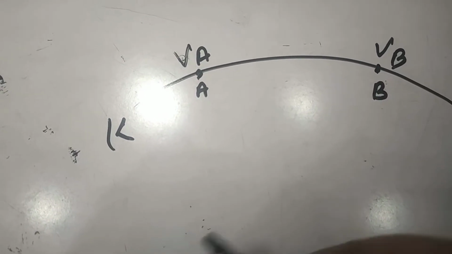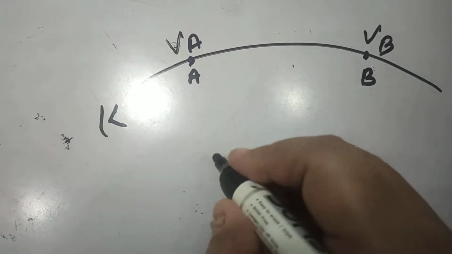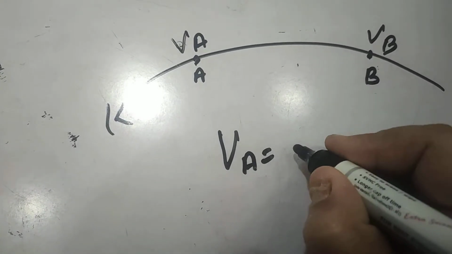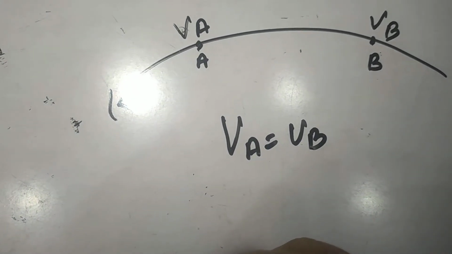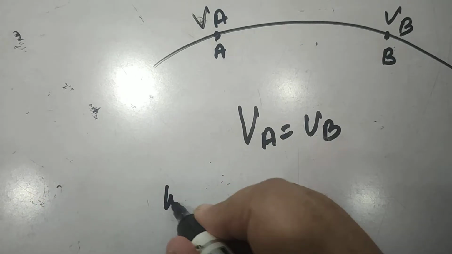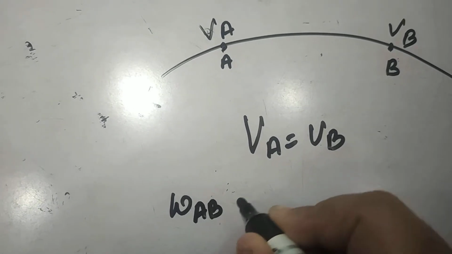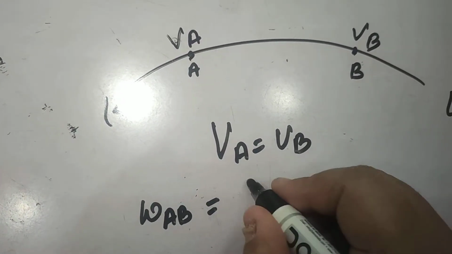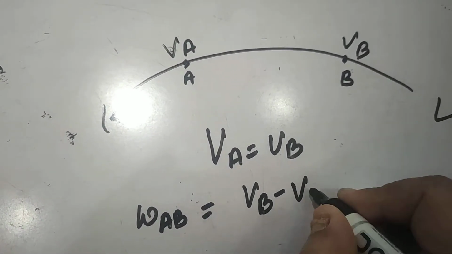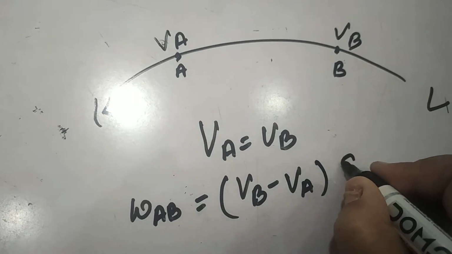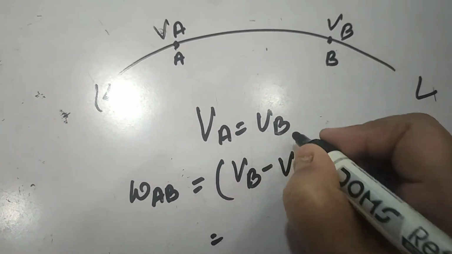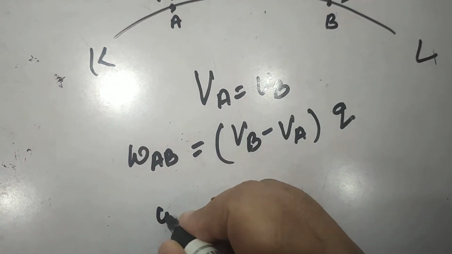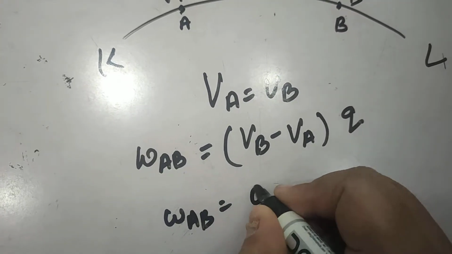Now we know that since this is an equipotential surface, VA is equal to VB. Now the work done in taking a unit positive charge from A to B is given by (VB minus VA) into Q. Since VA is equal to VB, WAB is equal to 0.